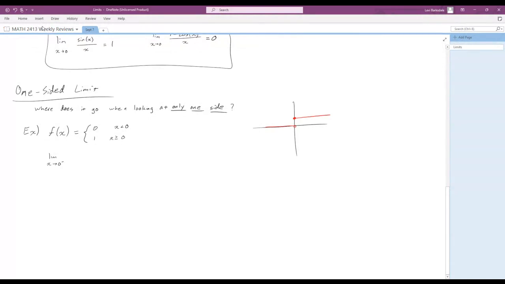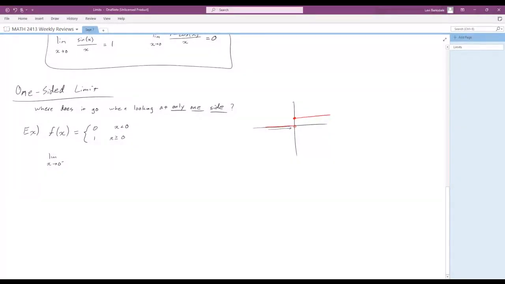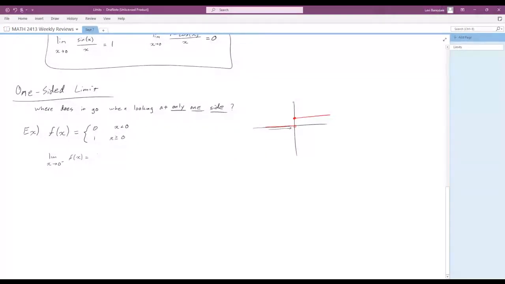So if we're approaching 0 from the negative side, we can think about tracing just along this side. And at 0, well, our function approaches which value? 0. Exactly right. It approaches 0 because we're only looking at the left-hand side. It's almost like we could completely cover up the right-hand side and just ignore it. All right, but what if instead of approaching from the left, we approach from the right-hand side, the positive side? 1.